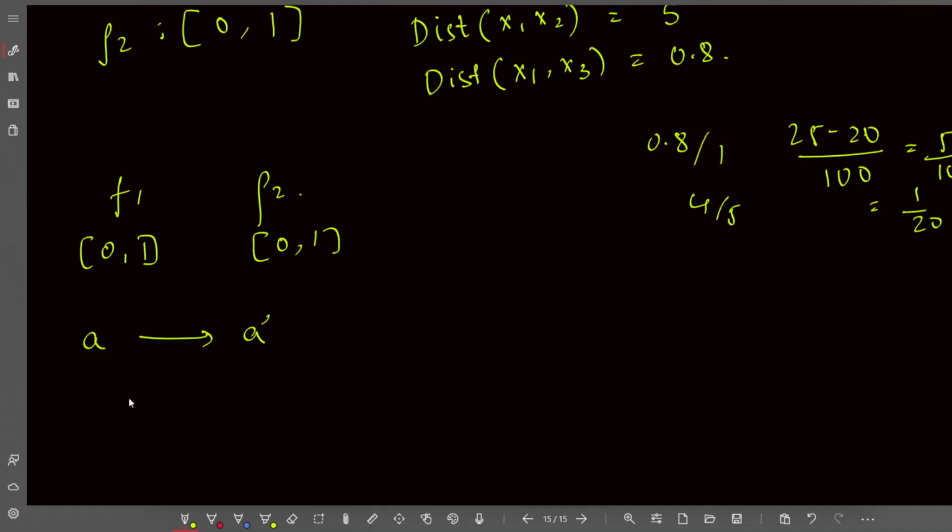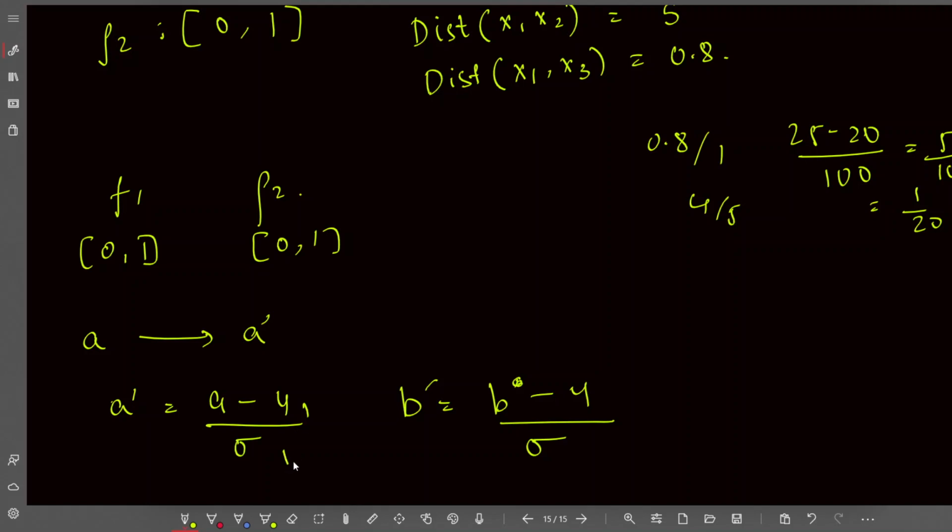I would take the value of that particular point, and a dash would be given by a minus mu upon sigma. What is mu? Mu is the mean of all the feature 1 values, and sigma is the standard deviation of all the feature 1 values. Similarly, for feature 2, if that point is called b, I would call it b dash equals b minus mu upon sigma.